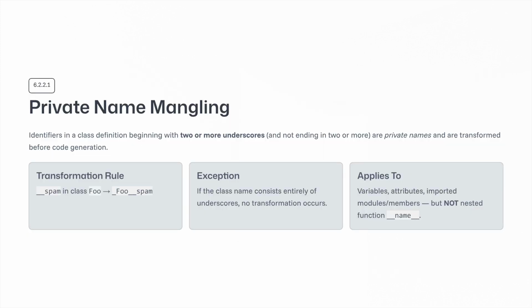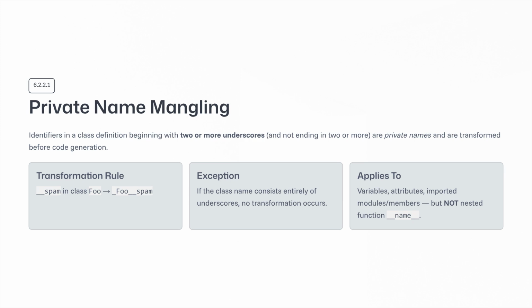Section 6.2.2.1. Private name mangling. This is the dunder prefix behavior inside classes. If you define a name inside a class that starts with 2 or more underscores and does not end with 2 underscores, Python silently rewrites it at compile time.